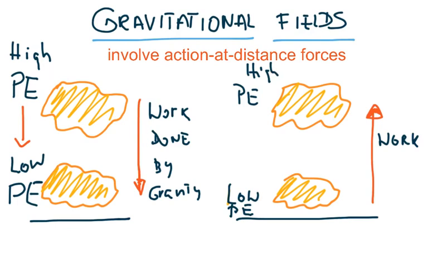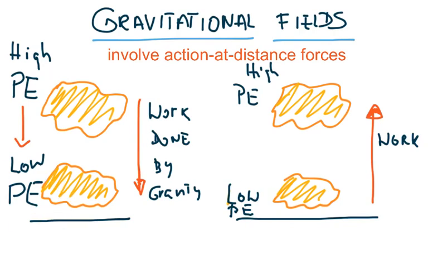So in both cases, what we have in common is that the stone, from the definition of potential energy, higher above the ground has high potential energy, and at the bottom, very close to the earth, the potential energy is low.